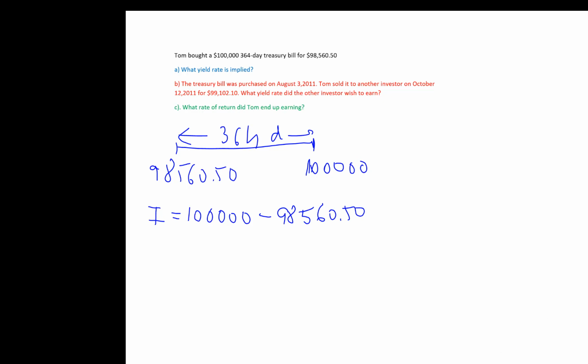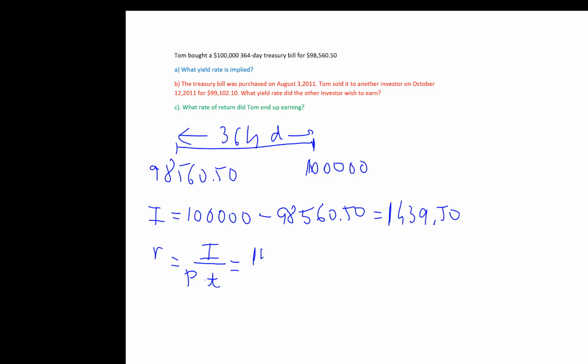If we calculate this return, once more we have the calculator here, 100,000 minus the purchase price, we have an overall return of $1,439.50. So the rate is the amount of return divided by purchase price and divided by time.